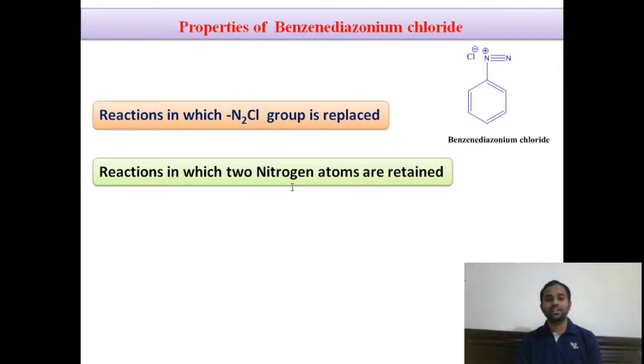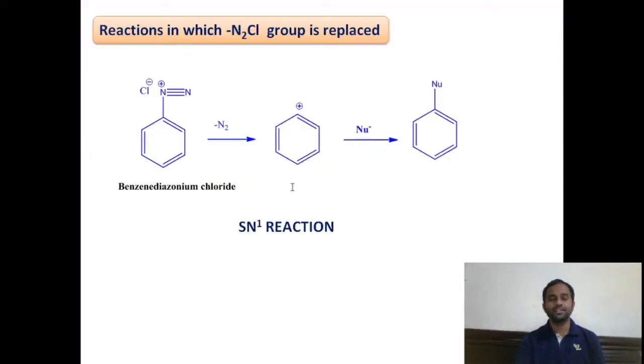Right? Now let us discuss these two types of reactions in detail. You see here, coming to the reactions in which the N2Cl group is replaced, that type of reaction takes place via a unimolecular nucleophilic substitution mechanism, that is, the SN1 mechanism.